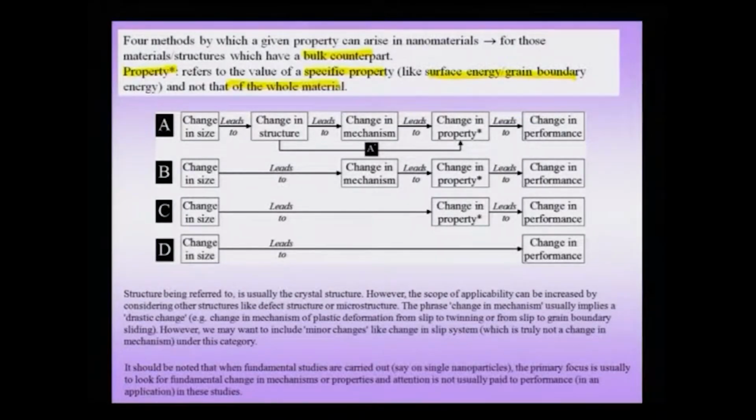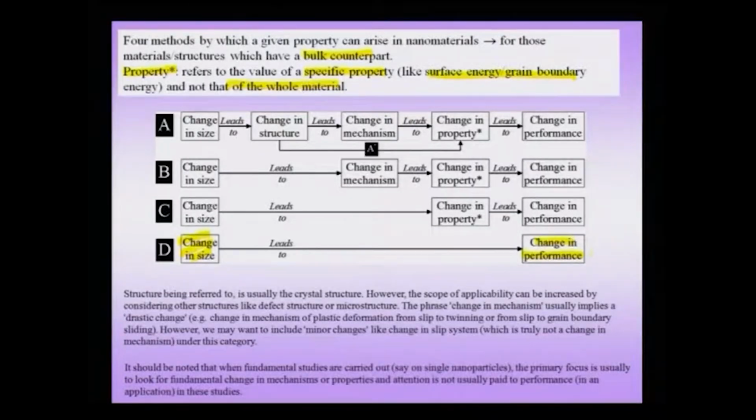So, in this classification, we will see that there are four possible methodologies, crudely speaking. First, you have a change in size, that means you are reducing the size, and simply this may lead to a change in performance. This is what we might call the trivialist way of understanding, or trivialist case by which a new or an enhancement in performance comes about.